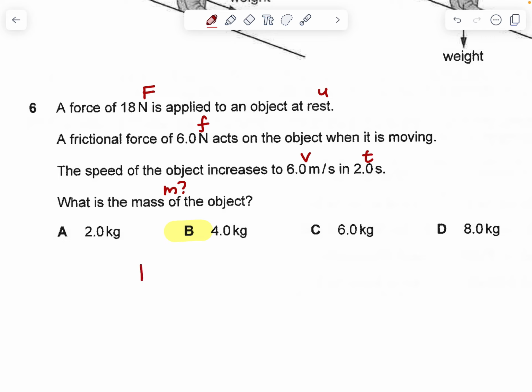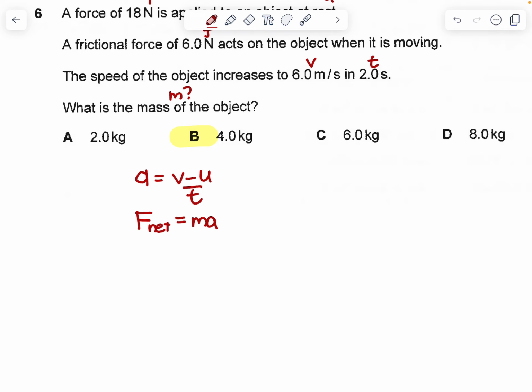So using a equals (v minus u) over t, and also F net equals ma. F net is equal to force minus frictional force. a you can substitute as (v minus u) over t. This is the formula.